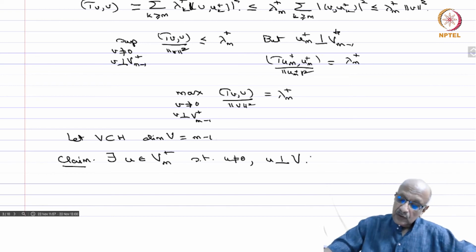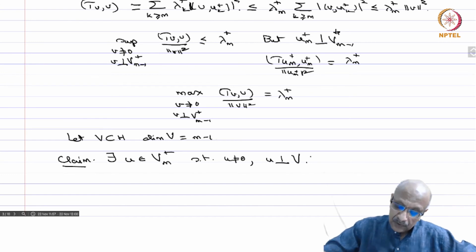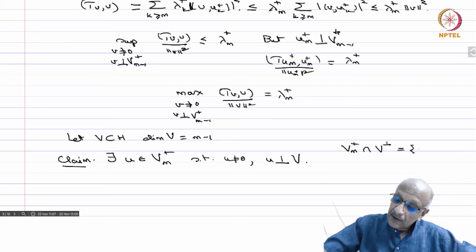Why is this so? We can argue in two different ways. Suppose this is not true. That means there is no non-zero element which is orthogonal to all of V. That means V_m^+ intersection V perp is the singleton 0.